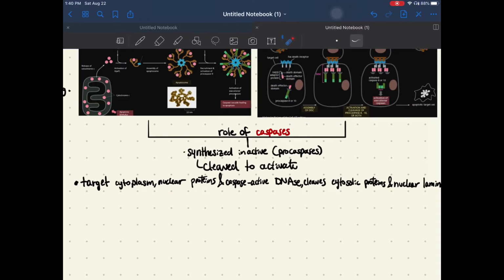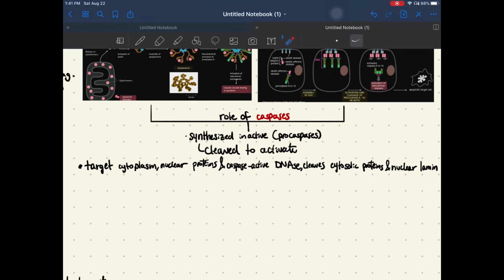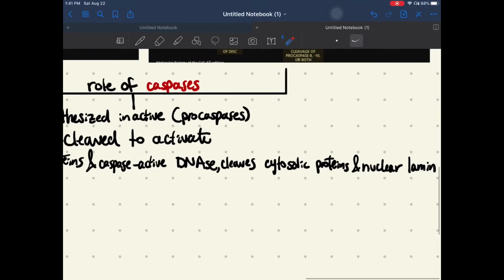You want to target your nuclear proteins because you want to break down everything that's synthesizing DNA, because that cell is damaged or that cell needs to die. Your caspase active DNAs, what this means is that this breaks down the DNA for your caspase activation. You essentially want to just kill everything in the cell, right? So that's why you have a caspase active DNase.